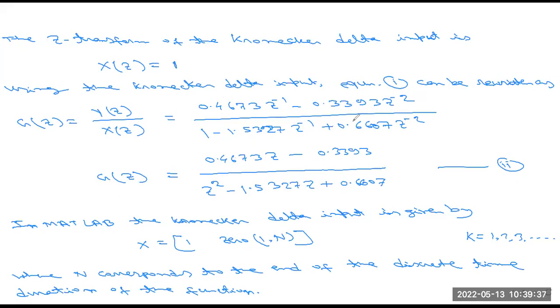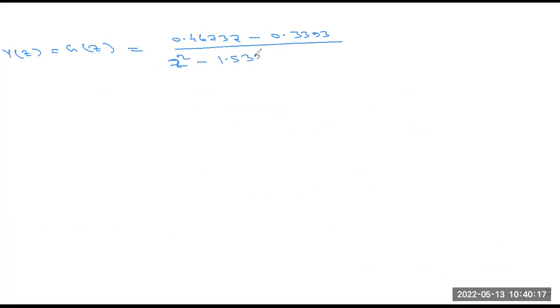So now using these equations, I am writing one more time: G of z is equal to the function 0.4673z minus 0.3393 over z squared minus 1.5327z plus 0.6607.